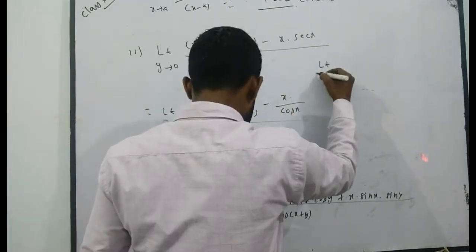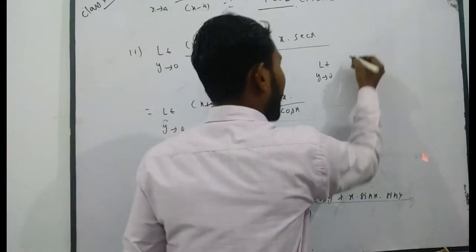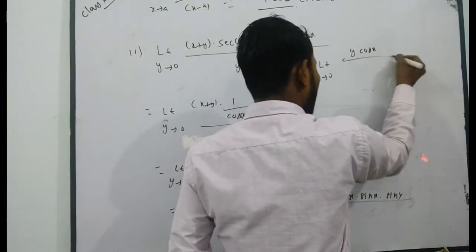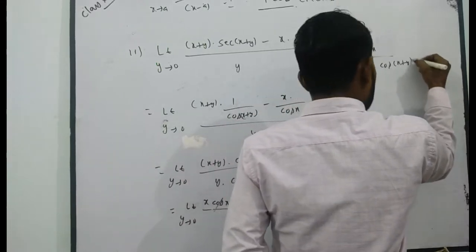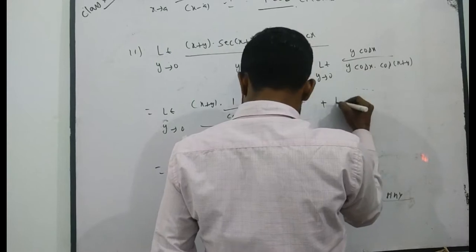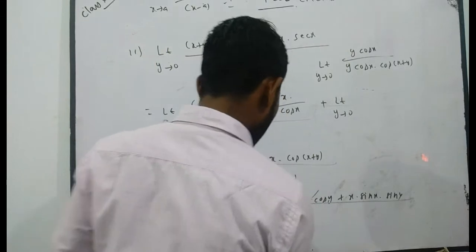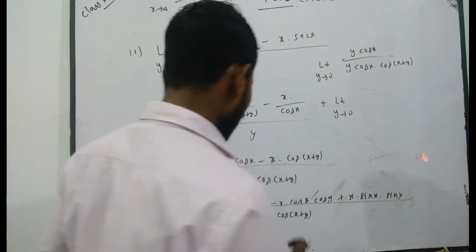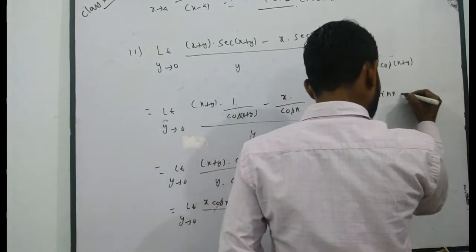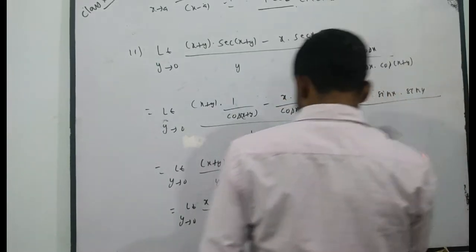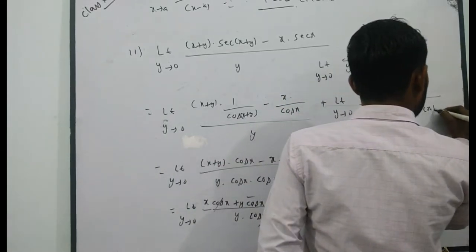Finally you get limit y tends to 0, y cos x divided by y cos x into cos(x plus y), plus limit y tends to 0, x sin x into sin y divided by y cos x into cos(x plus y).